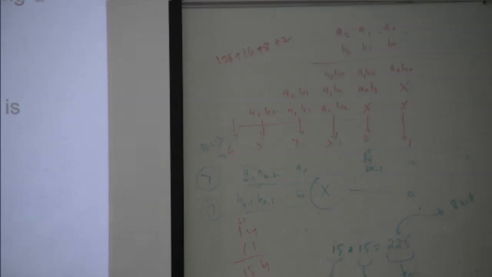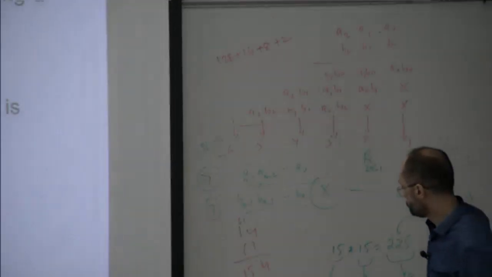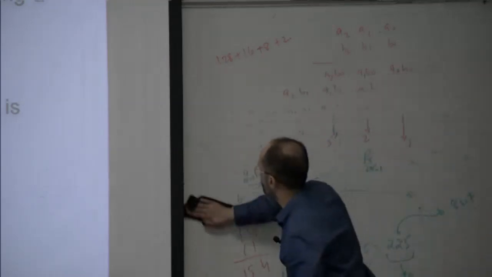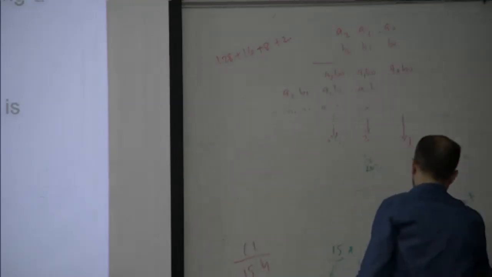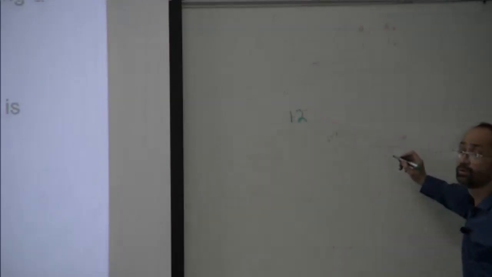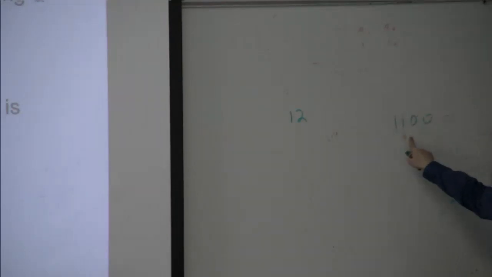So now we have some number, and for that number, we also need to know the size of the number. So 12. What is the code for 12? 1100. 8 plus 4 is 12.